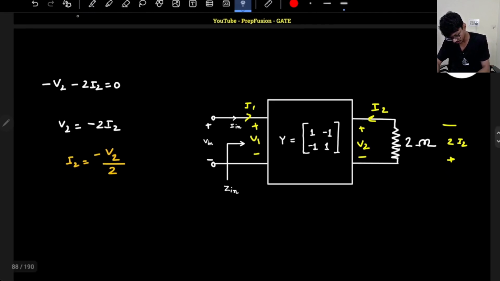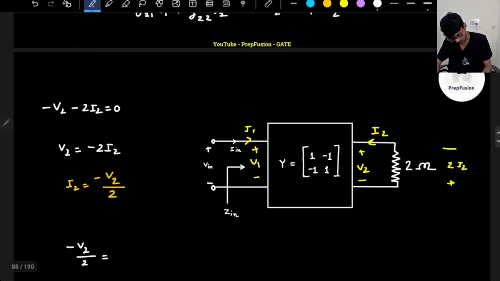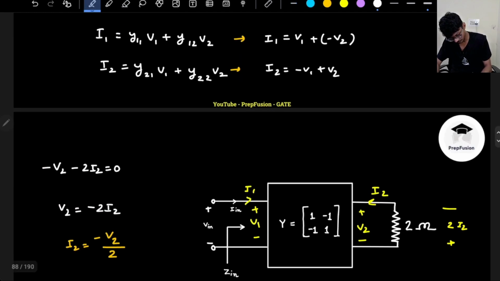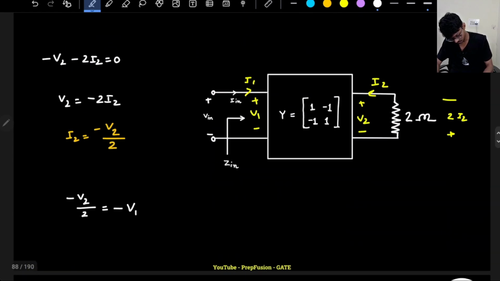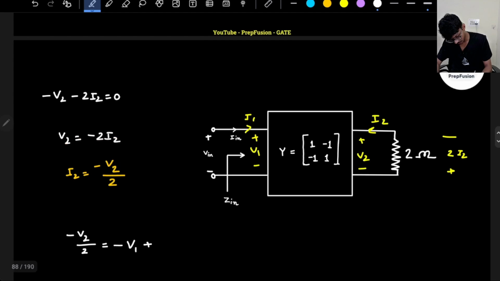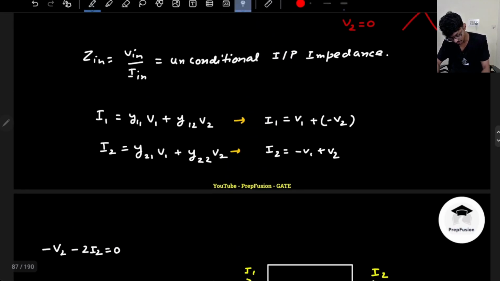If I replace this I2 here, this will be minus of V2 divided by 2 equals to minus of V1 plus, sorry, yeah, plus V2. So I can write my V2 in terms of V1, which I will then replace here.